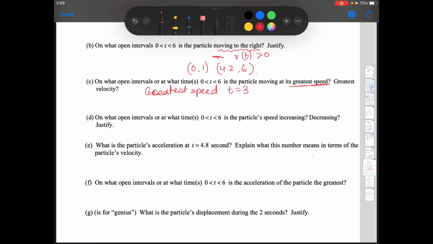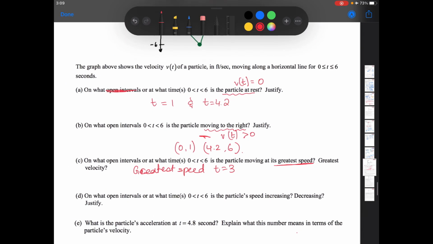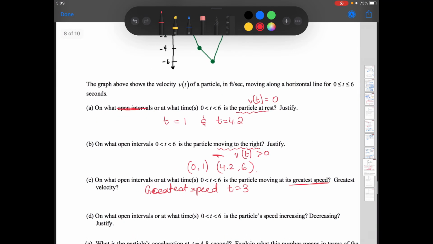Greatest velocity, we want to find the highest positive number. Remember, velocity can be positive or negative. So let's look at the graph again. It is at t equals 0, and we're going to find the positive ones. Where else is it positive? From 5 to 6.